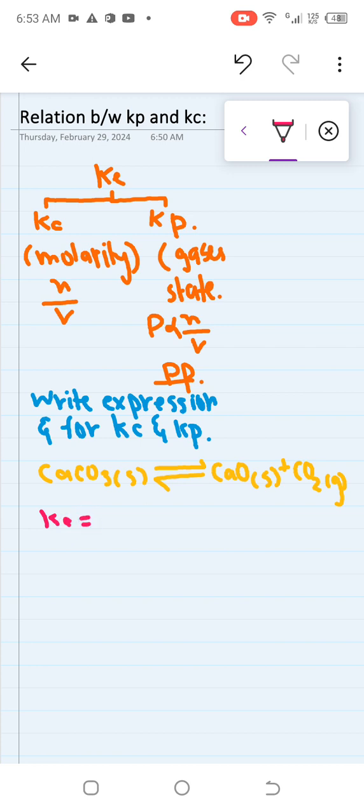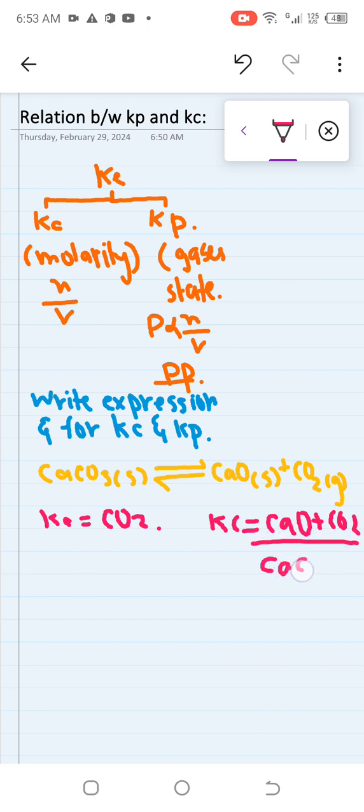Kc will include only the species which are in the gaseous state. So here Kc will be CO2. Kc is not equal to CaO times CO2 over CaCO3.